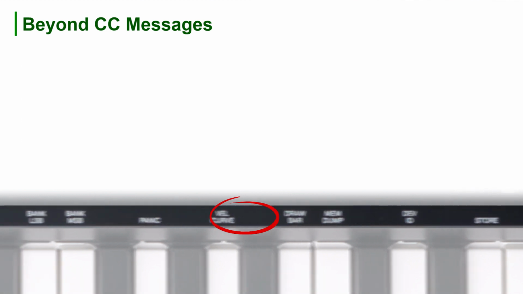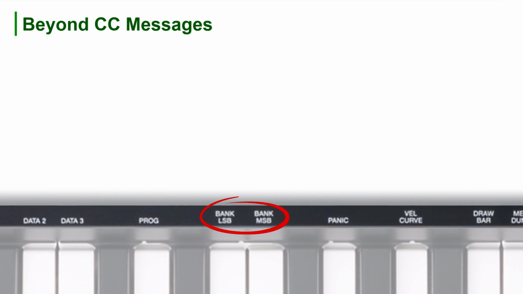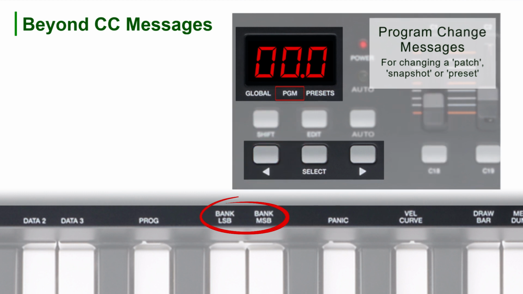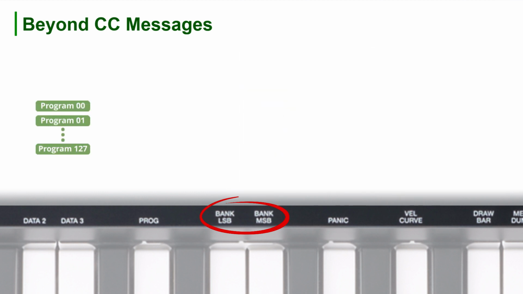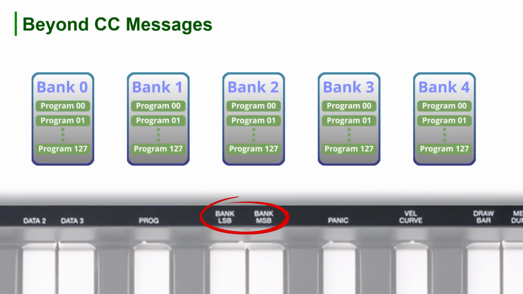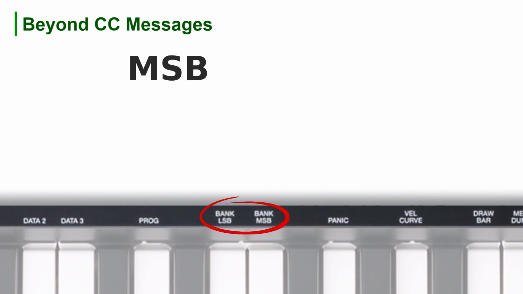Although I never use them, I'll also mention what the two bank keys are for, in case you thought you might be able to use them to do your online banking. At the start of this video, we looked at program change messages and how they can be used to switch between programs or snapshots in an instrument. Program change numbers only go up to 127, and banks are a way to overcome that limitation by organising programs into different banks. I'll also mention the acronyms MSB and LSB, which come up a lot in the world of MIDI.